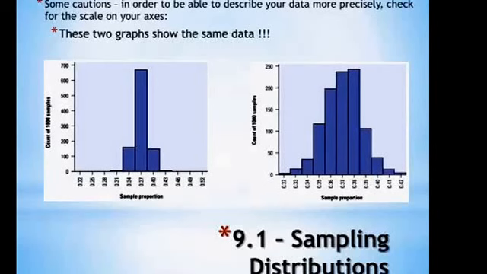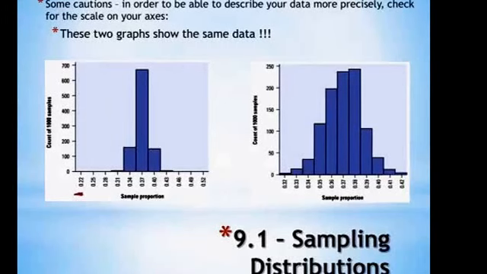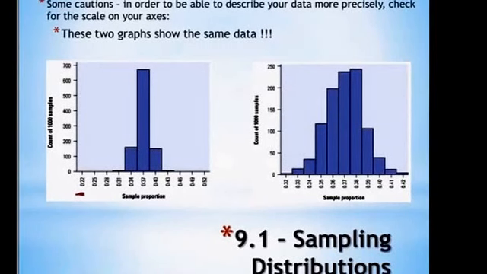Also, the horizontal axis on the left starts at 0.22 and goes to 52%, where the right histogram goes from 0.32 to 0.42, and these are only going by 0.01s.